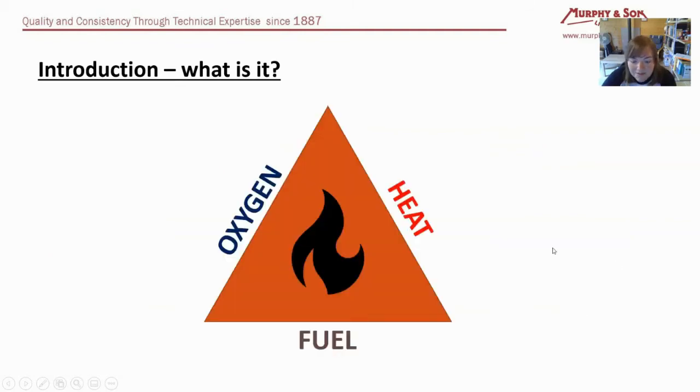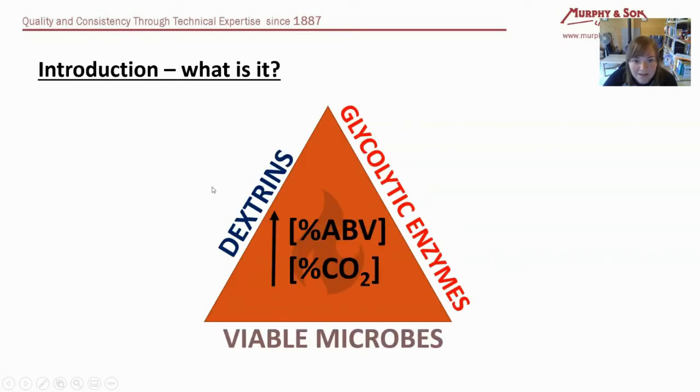So the reason I called it the perfect storm is the situation sort of reminds me of the old fire triangle, where you can only get a fire if there's oxygen, heat, and fuel available. And a similar situation happens during hop creep.